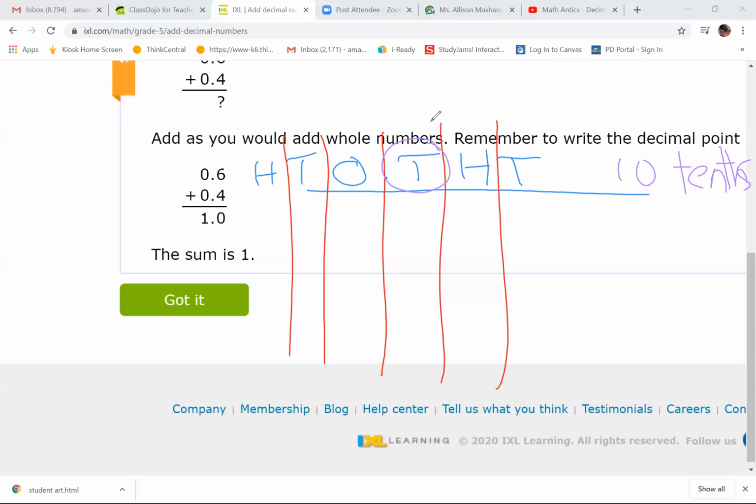That's when we have to regroup or borrow or carry. It goes over to the next one. So 10/10 is going to be a whole number, just like 10 dimes is one whole dollar. So that's why the answer is 1.